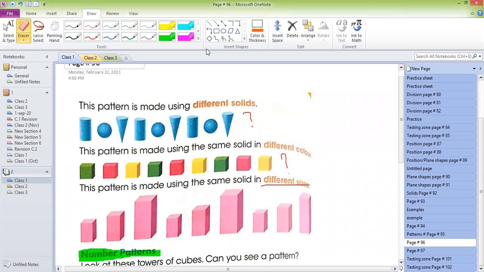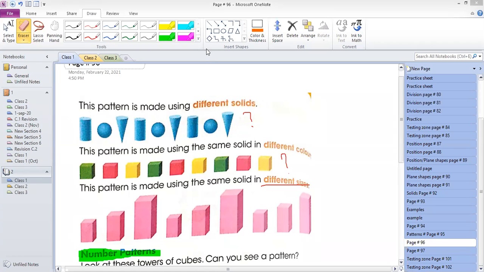Guys, we have done too much practice of that also. I want to ask you, up to here, pattern in solids with respect to sizes, colors, shapes, everything is clear to you? Yes, sir. That's very good.